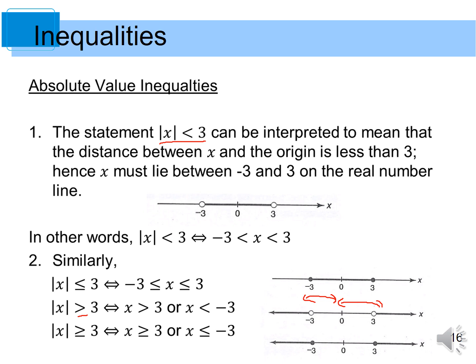So you can see the first region is greater than 3 and the second region is less than -3. And how about modulus of x greater than or equal to 3? Same as the previous one, but including -3 and +3.